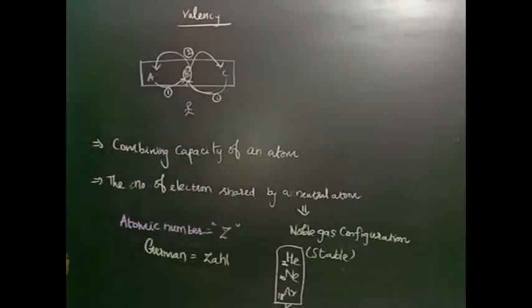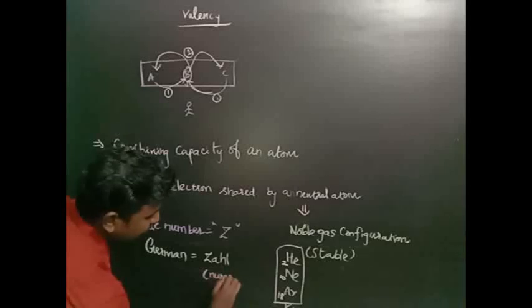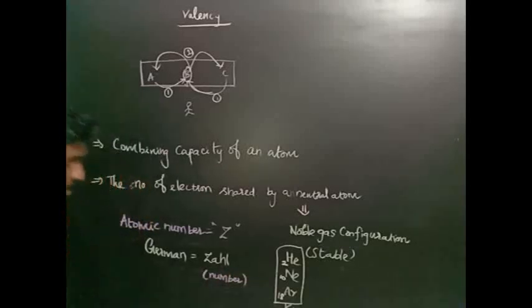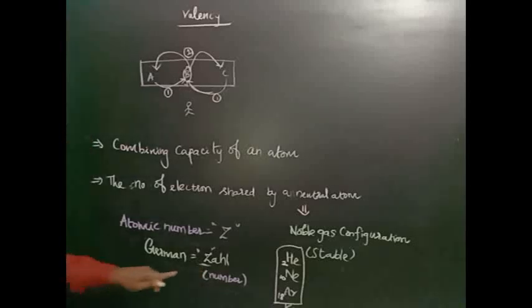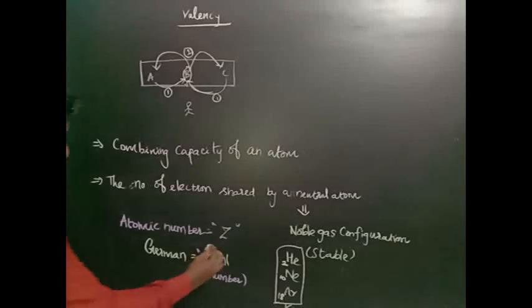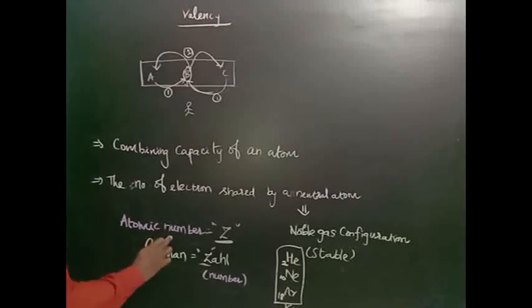What is the meaning of Zahl? It is nothing but number. Zahl indicates number. The first letter of Zahl is Z. So that is why atomic number is represented with the term Z.